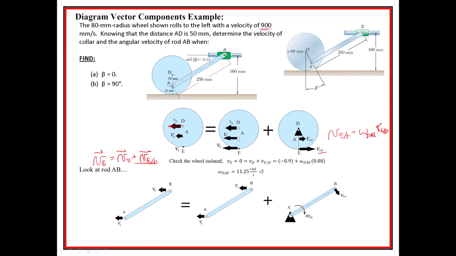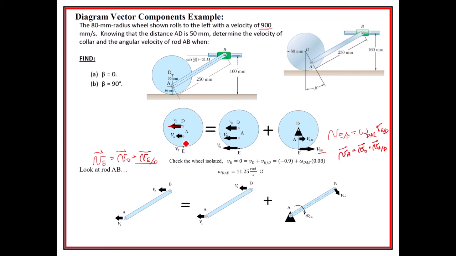Well, it's going to be in a straight line right here. We could recognize that if we write that out separately, the velocity of A is going to be equal to the velocity of D plus the velocity of A with respect to D.